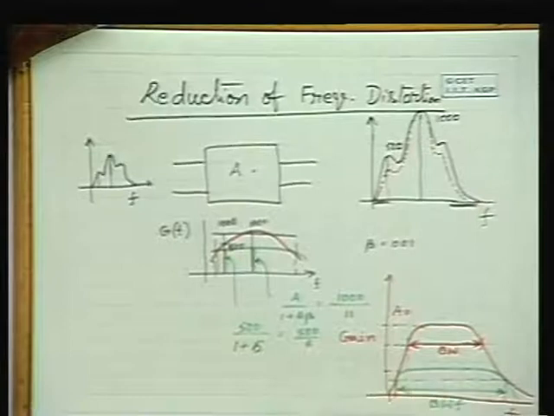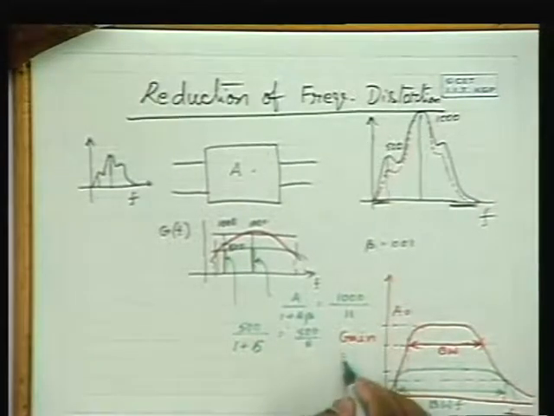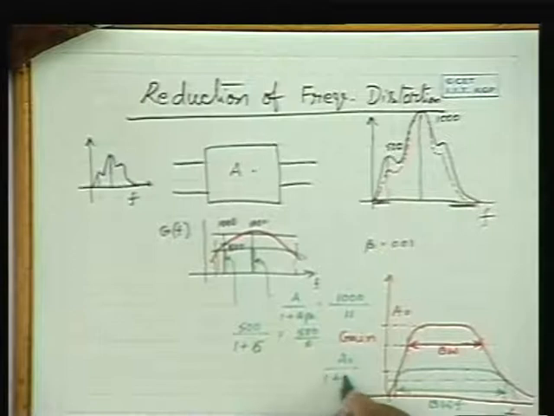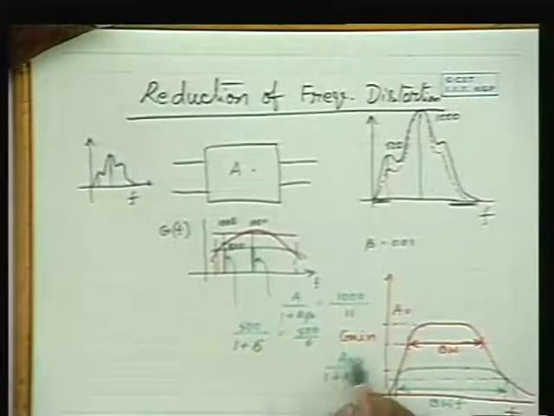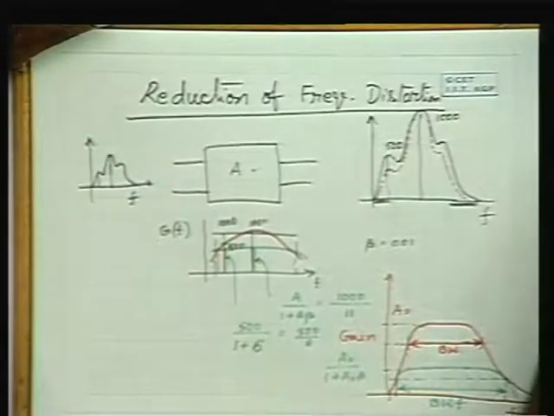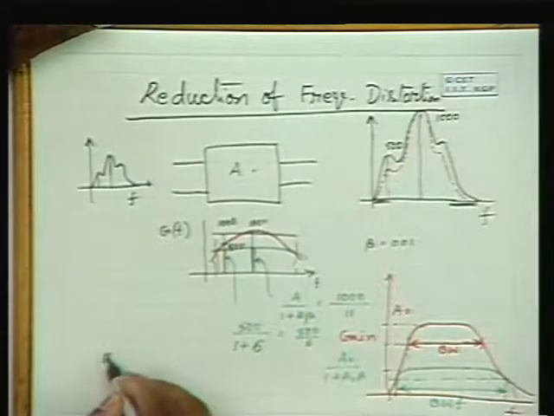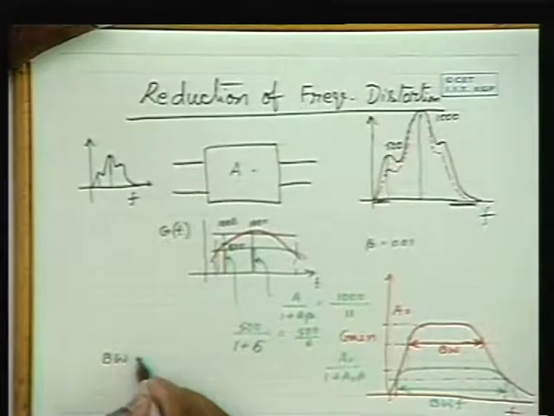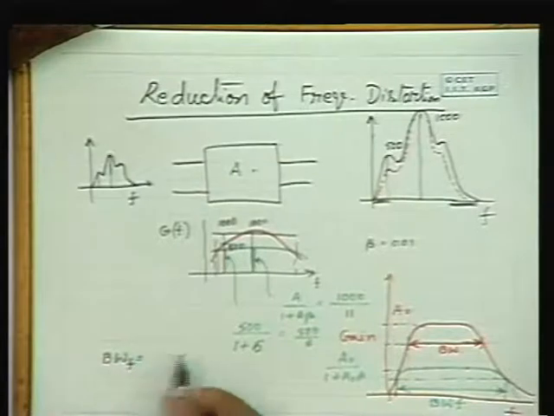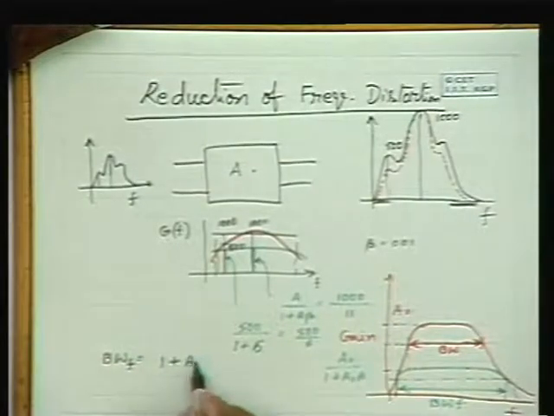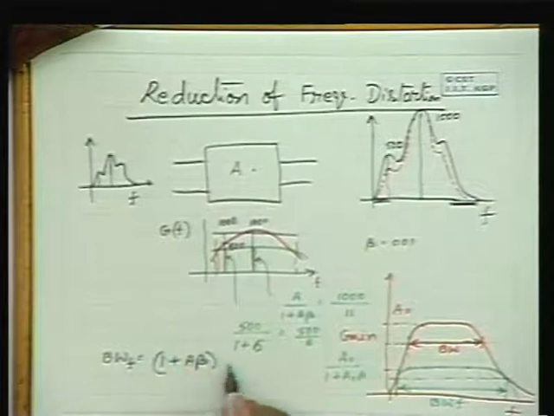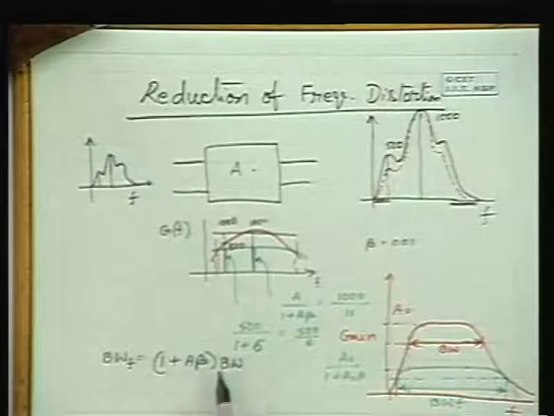Now what is the gain now? So gain now is A naught by 1 plus A naught beta, where A naught is the midband gain. So there is an increase in the bandwidth. With negative feedback, bandwidth with feedback is increased by 1 plus A beta times the bandwidth without feedback.